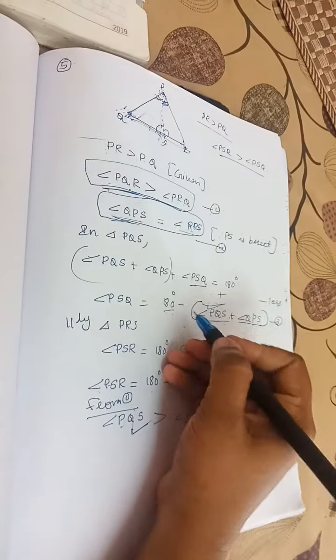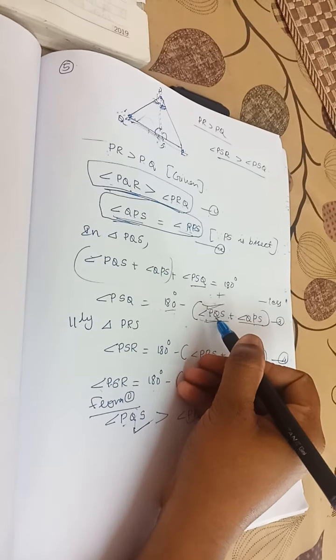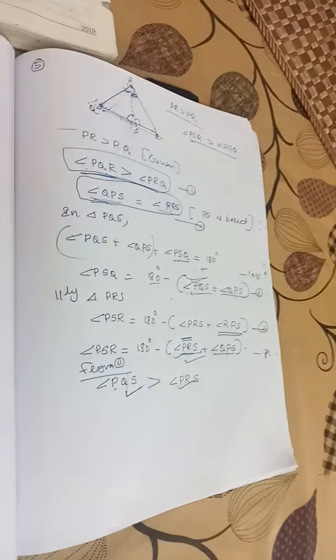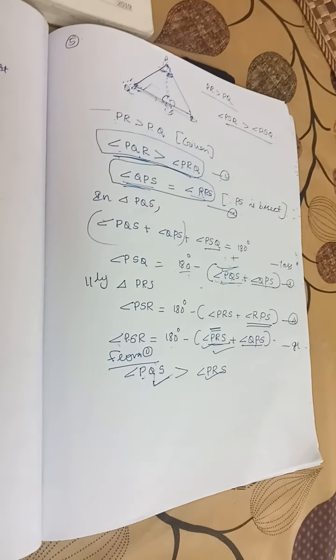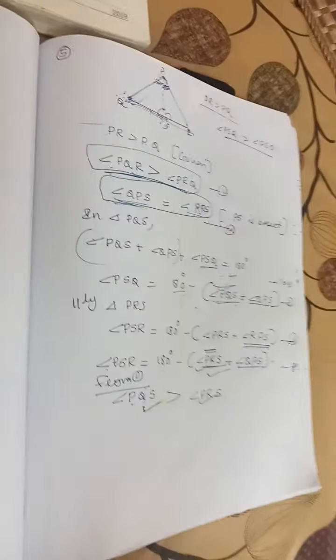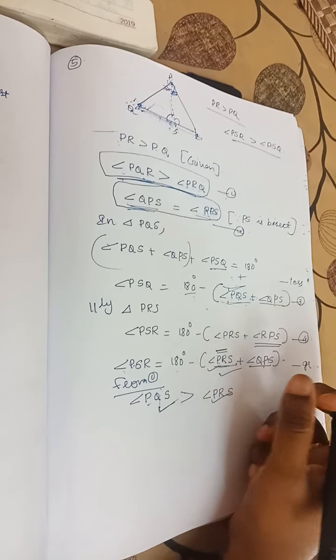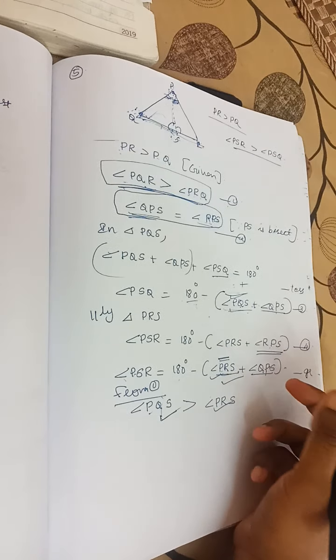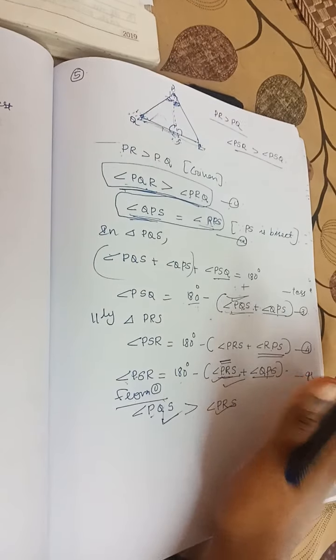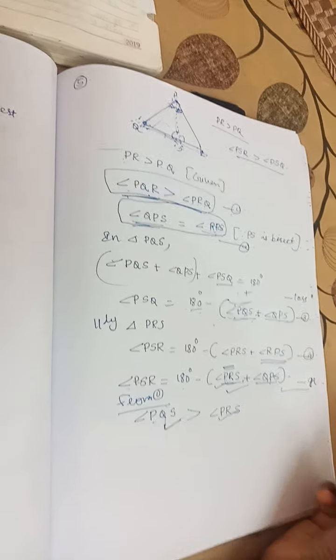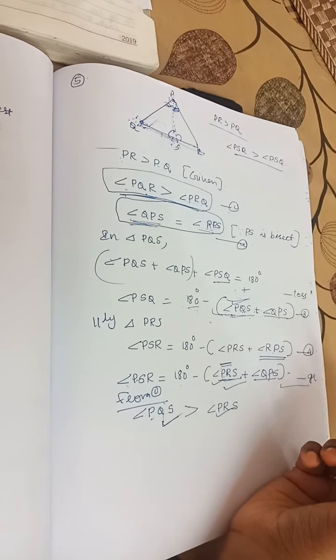Understood? Suppose if we subtract 100 from 180, we will get 80. Here it is the lesser number. If I subtract 70, which is less than 100, from 180, we get 110. So this will be the greater one and this the smaller one.